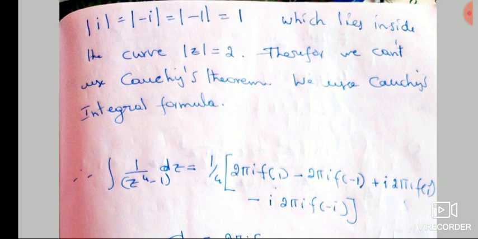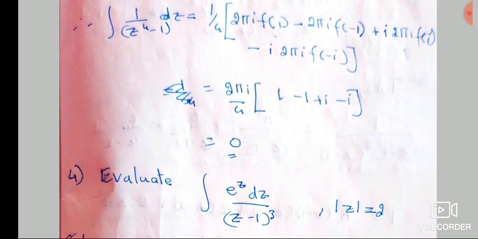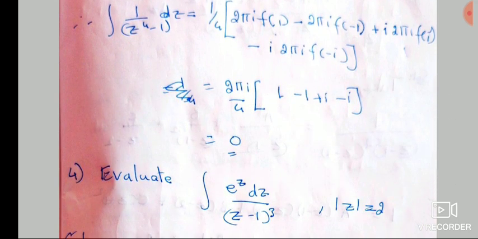By Cauchy's integral formula you have 2 pi i f of 1. In the same way the second one is minus 2 pi i f of minus 1, and for the third, i is multiplied because of the partial fraction, so i into 2 pi i f of i, minus i into 2 pi i f of minus i. Take 2 pi i common out, you will get 1 minus 1, i minus i, all cancels, becomes 0.